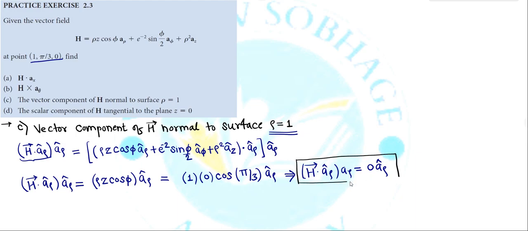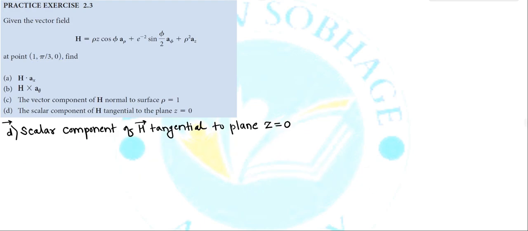Now next we are going to move on to part D of the numerical. So we have to find out what is the scalar component of the given vector h, which will be tangential to the plane at z equals 0. This is what we discussed earlier in my previous video. So it will be what now? It will be a cross product with respect to that az.